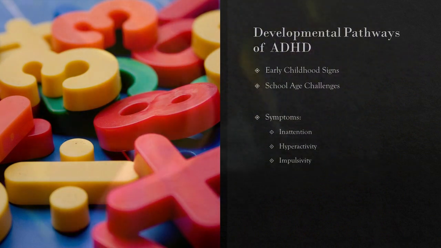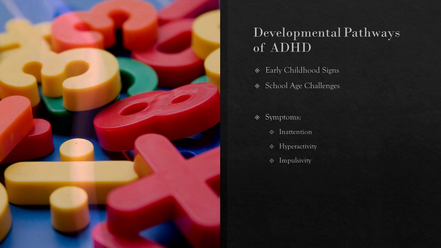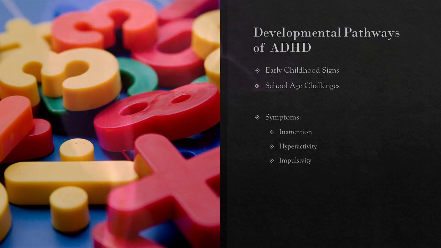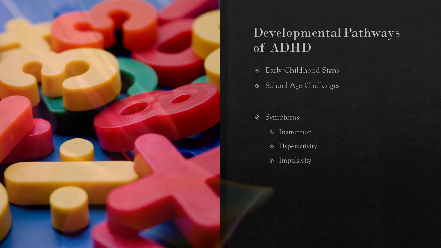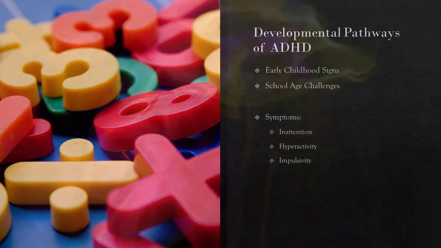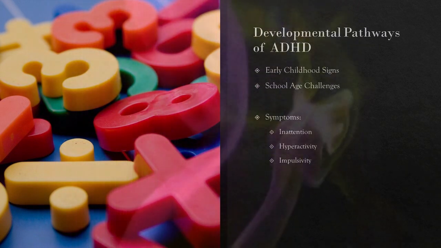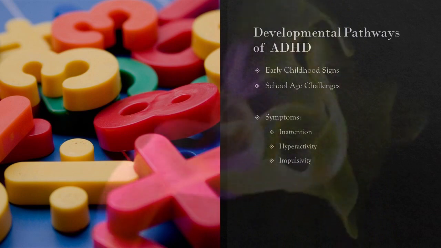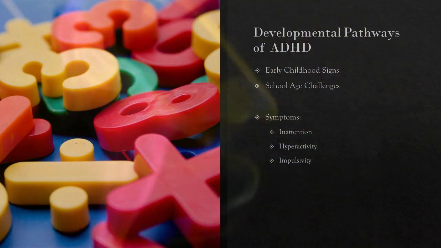Well, some of the signs of ADHD become noticeable in early childhood: persistent difficulties in attention, very impulsive activities, a hyperactivity that may be observed in early and preschool ages. These challenges can really interfere with later academic and social and even familial activities.